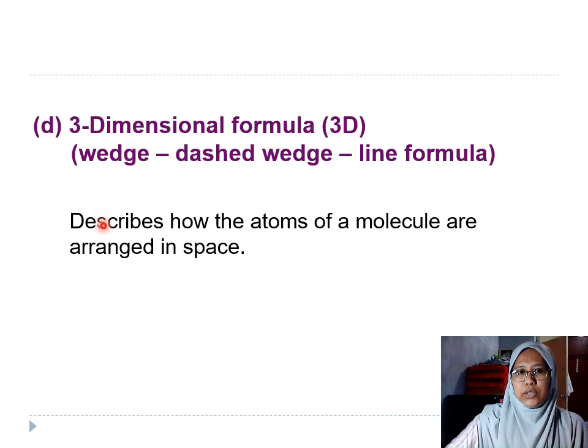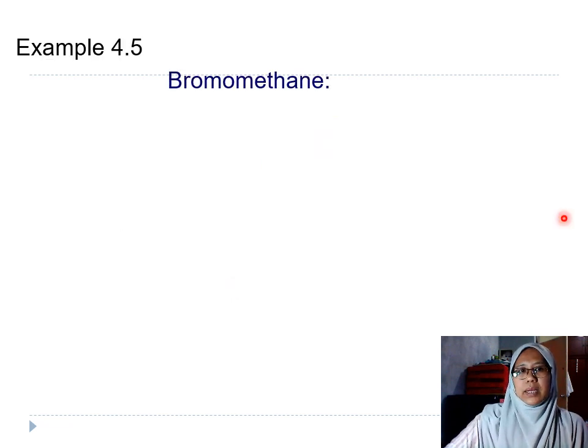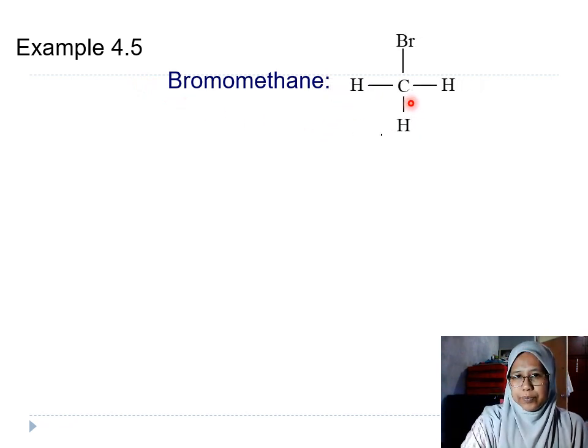So 3D describes how the atoms of a molecule are arranged in space. Example 4.5 is on bromomethane. The expanded structure is given to you here, bromomethane, can you see?